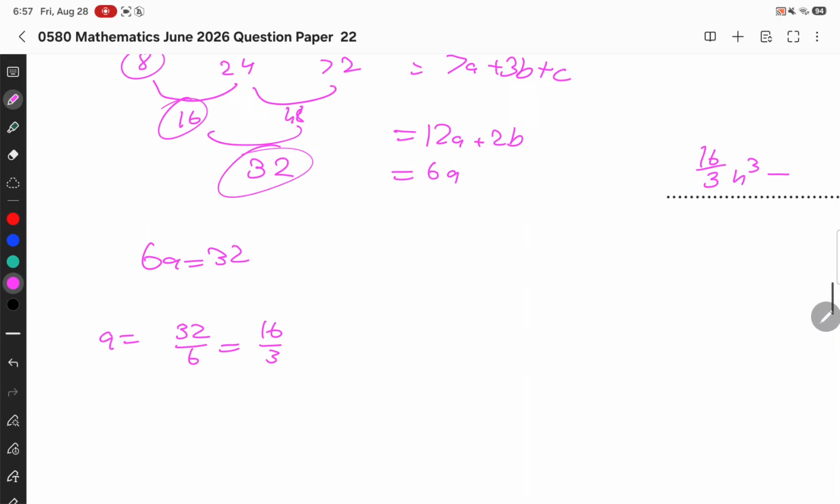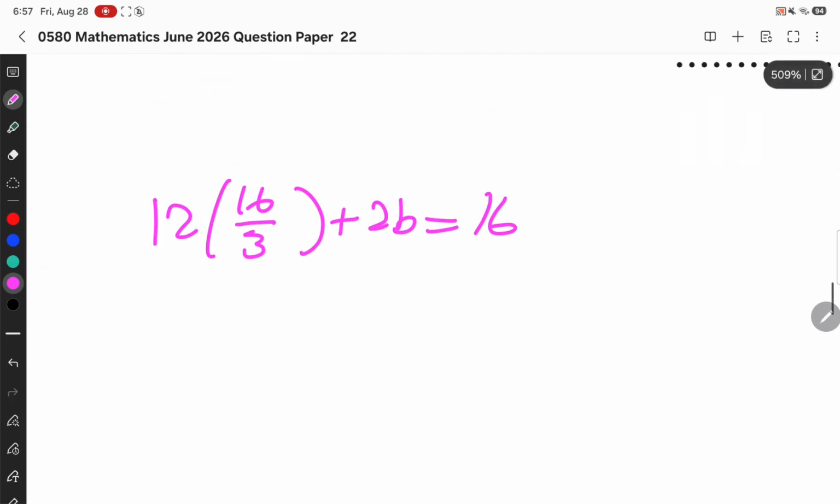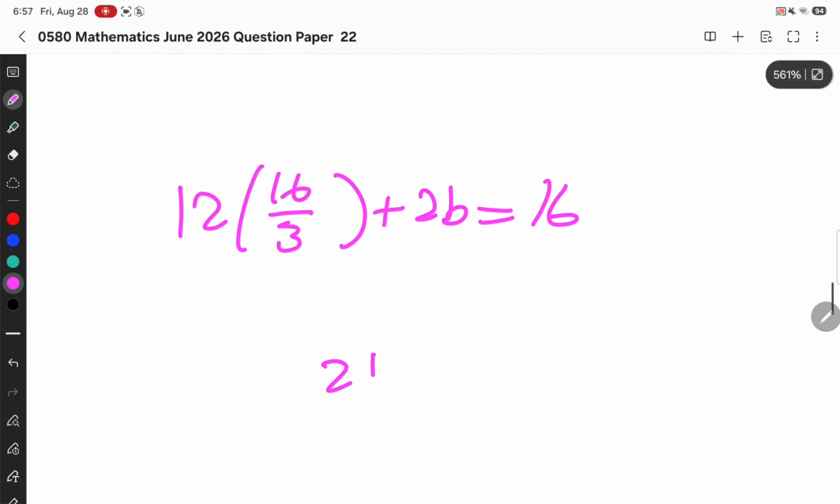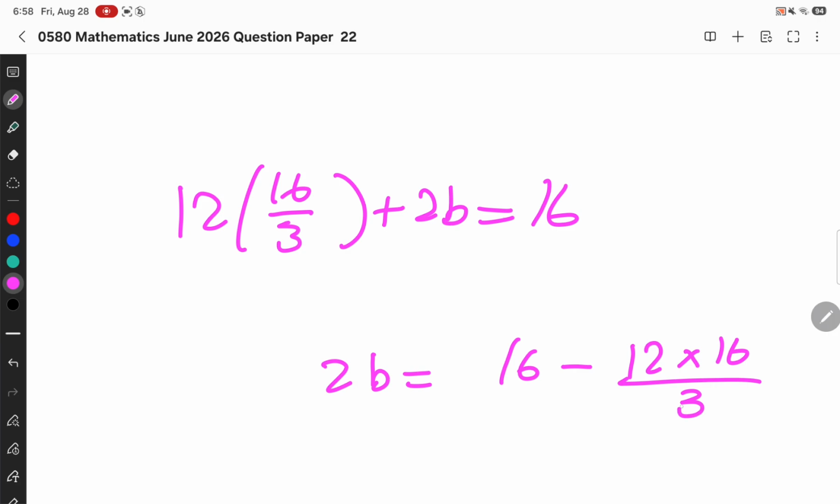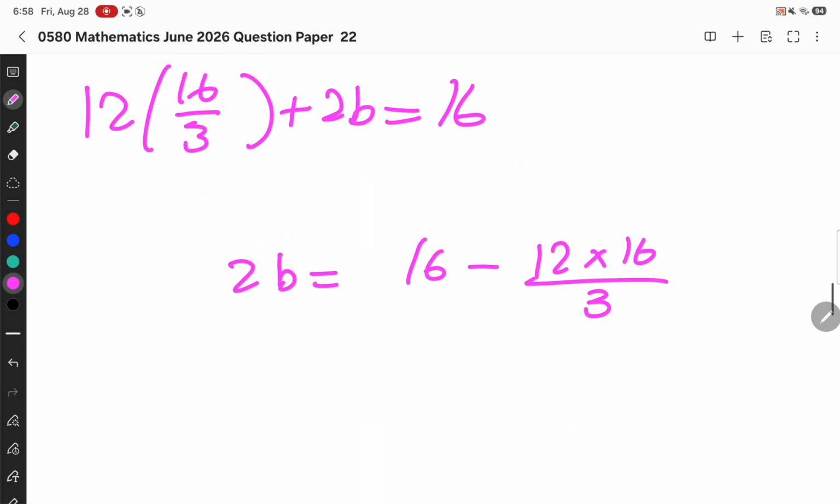For b, we get 12 times 16 over 3 plus 2b is equal to 16. Let's solve for b. So 2b is equal to 16 minus 12 times 16 over 3. You can simplify this.